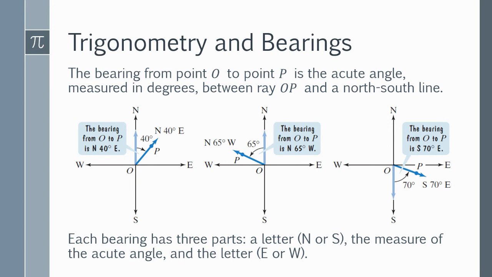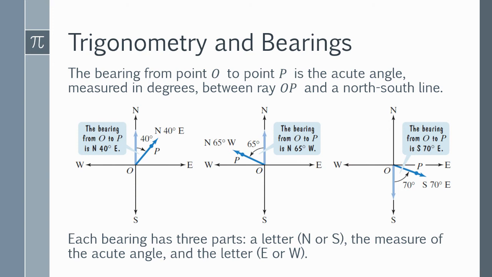In the middle picture, notice that we have the 65 degrees being formed with the north, and it's heading to the left, so it's going west. So it's north 65 degrees west as the bearing. And then in the third one, we're on the bottom, so it means it's going south. We're going to the right. It is an angle that's formed with that y-axis, so we want to keep that 70.